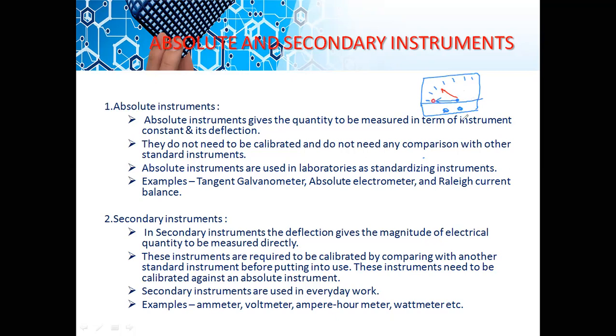Now when I give some quantity whose true value is known, say this is an ammeter, so I give 1 ampere of current, say, then the pointer is showing, say I will change the color to green, the pointer is showing this one, and we know that we have connected 1 ampere to it, that means it is going to be 1. Actually, what are we trying to do here?